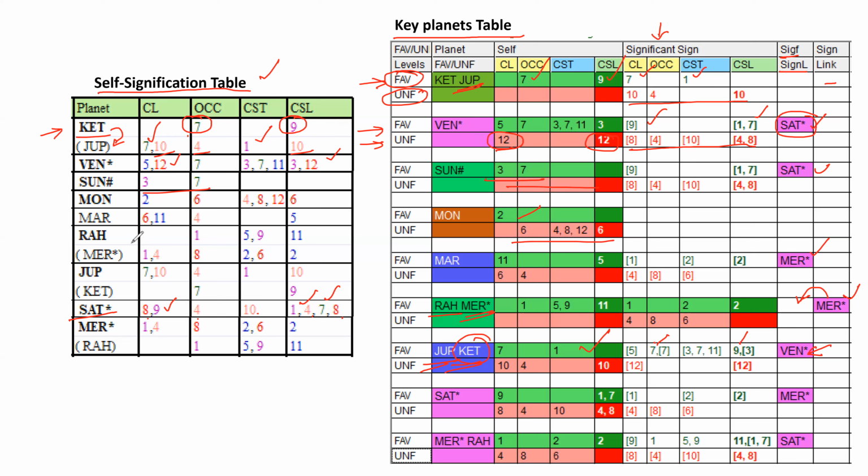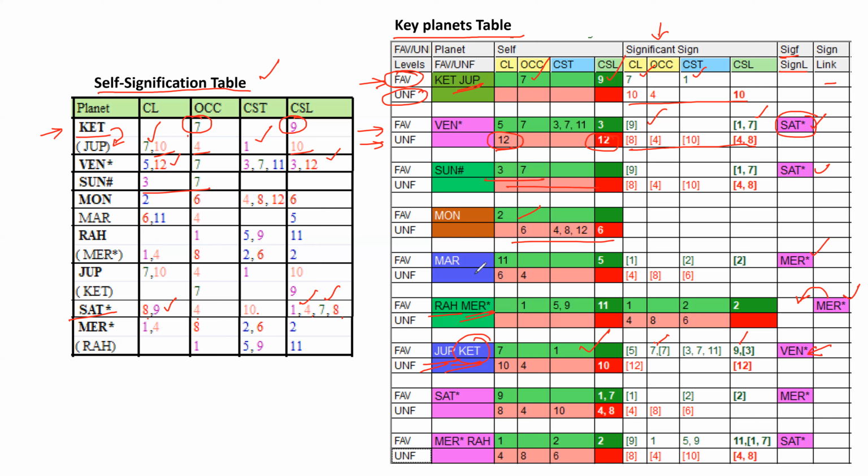That way, you can see Rahu 1, 5, 9, and 11 is favorable, higher side is present, so we can give light green. Why light green, not dark green? Mercury, some weakness is also there. So manually we can analyze each planet's self-signification strength, and we can give our own preferred shade also.